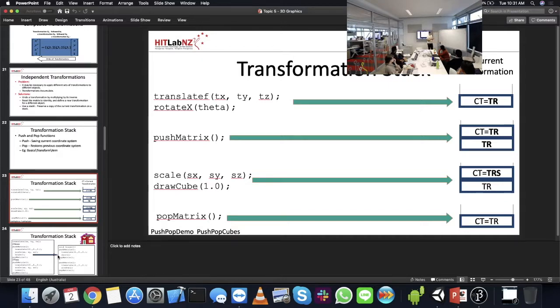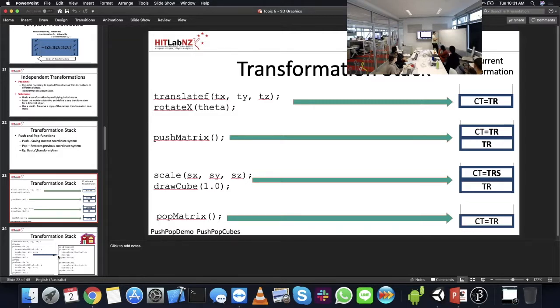Okay, so then let's go and do something else. We want something which is a child of this. So let's do another translation. This time we're going to do a translation of 1 in the x, and then we're going to rotate 30 degrees, and then we're going to move it in the y direction again by 2.